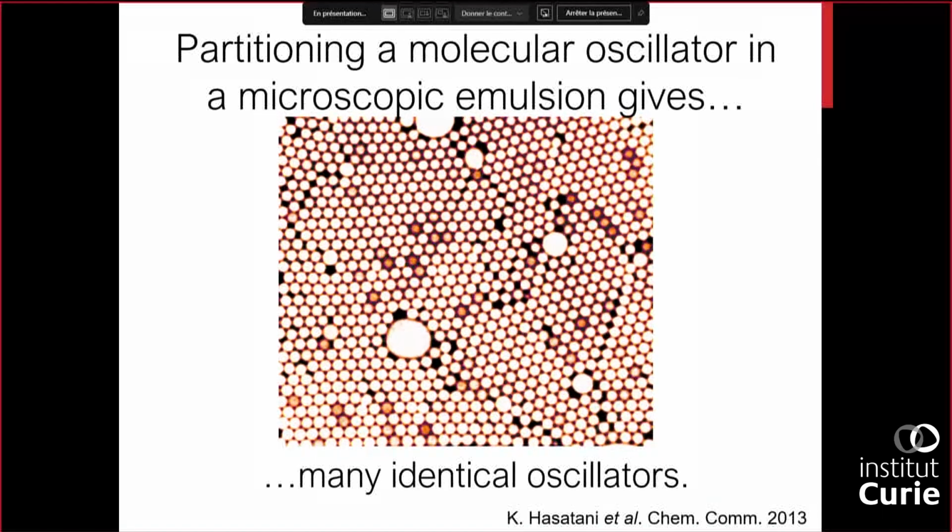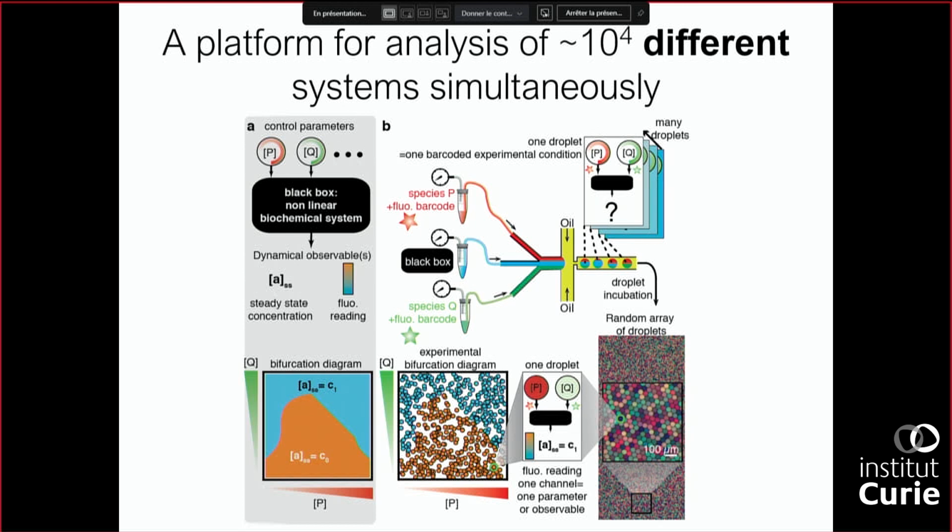So that's nice, but microfluidics allows you to do a bit more. In particular, to create all those compartments not perfectly equal, but slightly different in terms of where they are in parameter space. And this will allow us to explore the bifurcation diagram of these particular systems, not computationally, but completely experimentally.